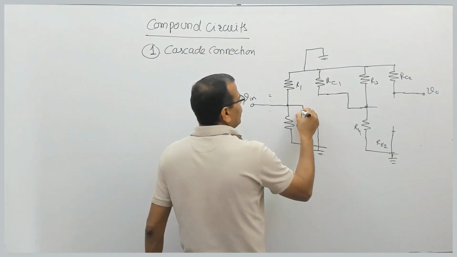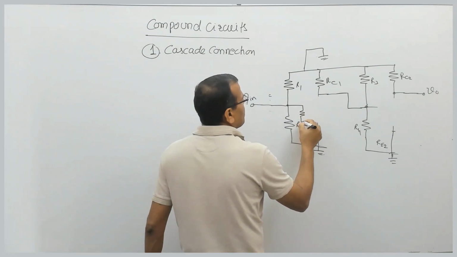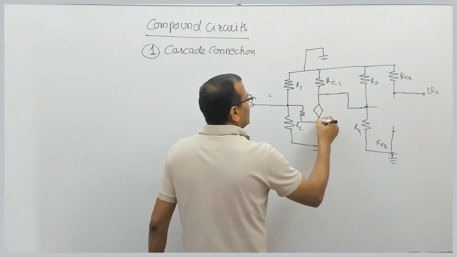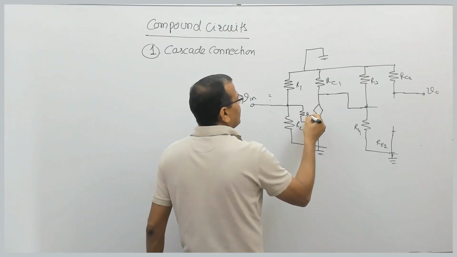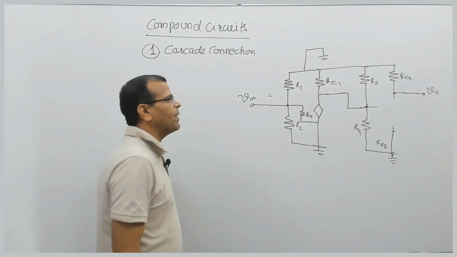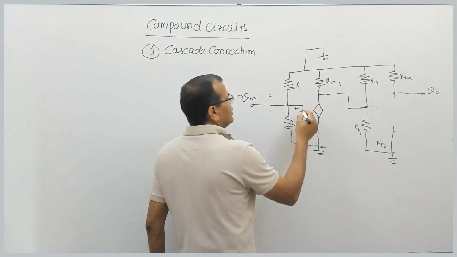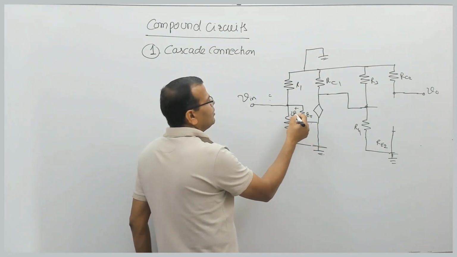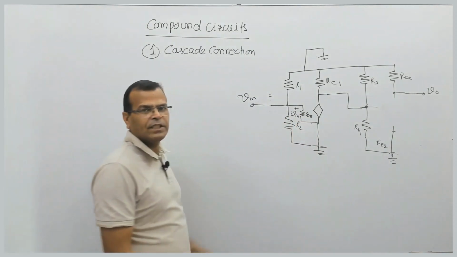So when you replace it by the r pi model, what do we have? I have a resistance here, that is r pi. The voltage across this resistance, you can see from here to here, what is this voltage? That is the input voltage itself. Please see it carefully.